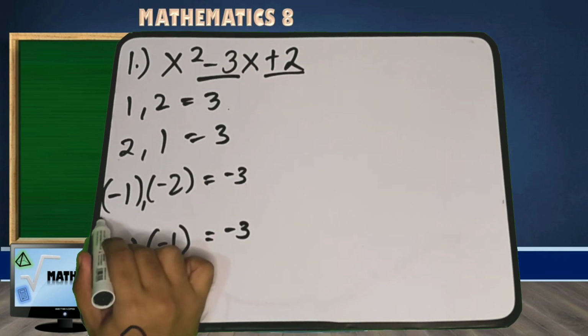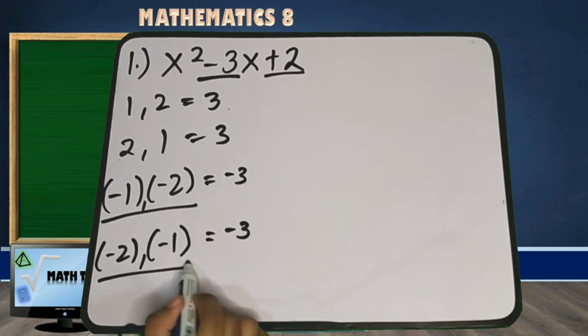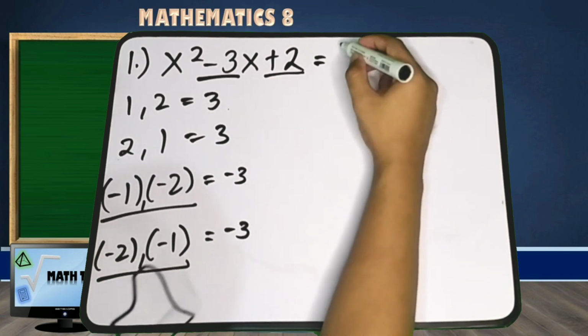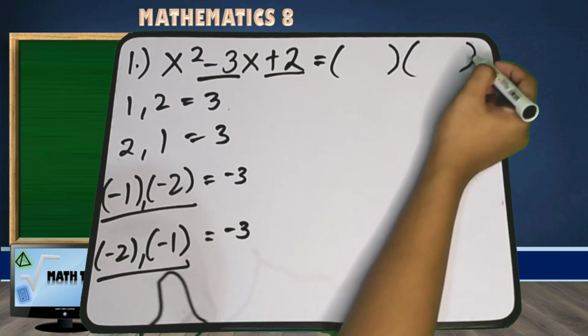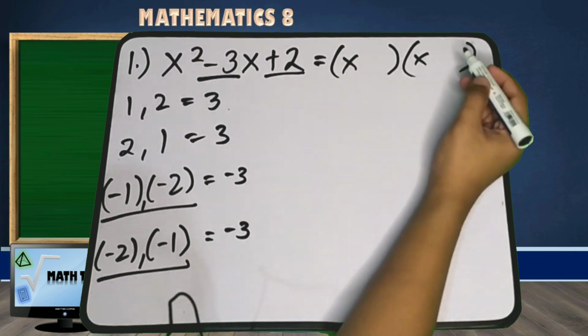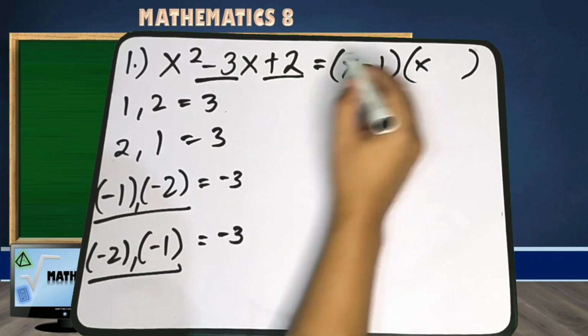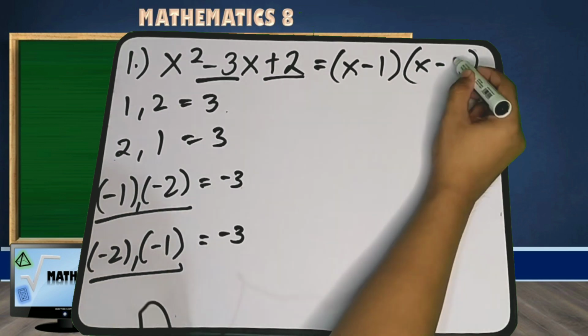So this is the one we will use. Now, let's write each factor in pairs as the last term of the binomials. So our factors here are x minus 1 and x minus 2.